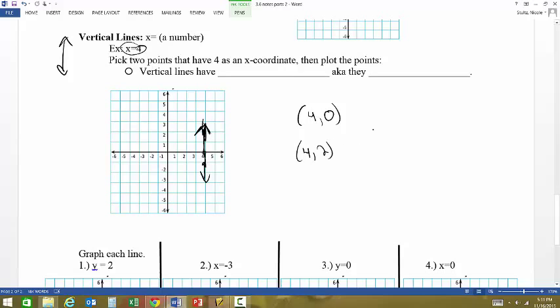Now if I try to find the slope of this, if I do 2 minus 0 over 4 minus 4, I get 2 divided by 0. And if you type that in your calculator, it's going to say error. So the rule about vertical lines is they have no slope, which means the slope is undefined.